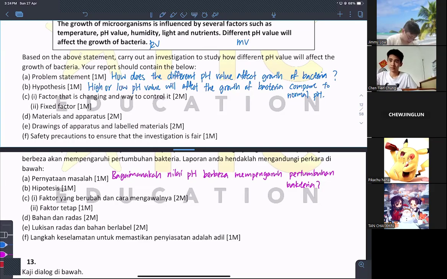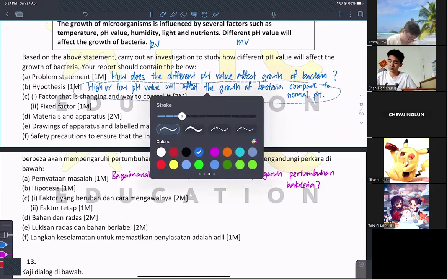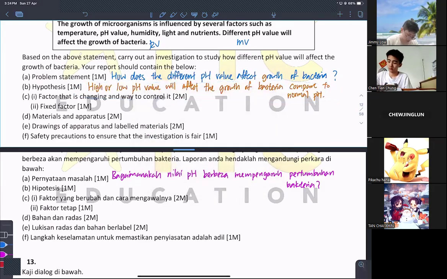So this is how you deal with the question. You put high or low pH in one category, and you put another one in another category. I use different colors so that you can see the difference.